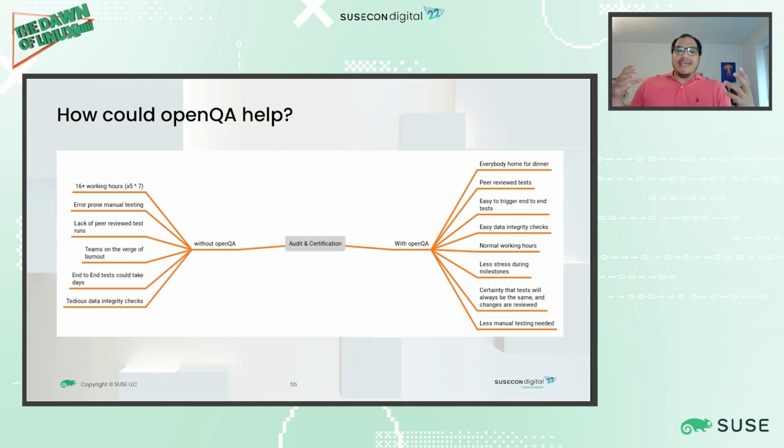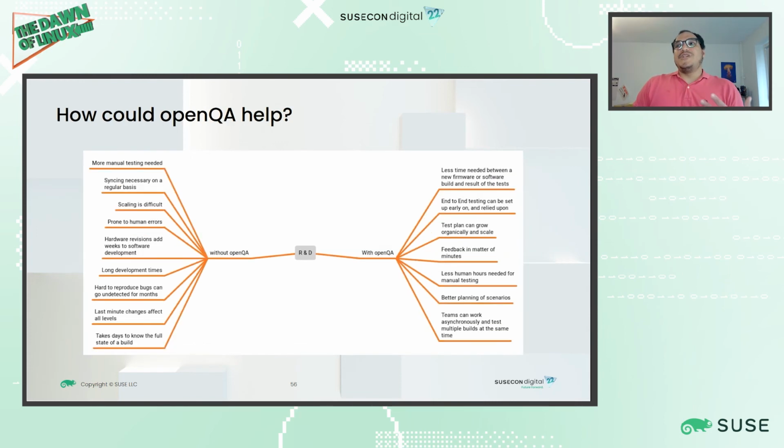Because in reality, if you think about it as a puppet, as long as the tests are being peer reviewed when you are creating them, you will not have the risk of having OpenQA making a mistake, forgetting to disconnect a USB drive, forgetting to disconnect the network cable after the transmission has finished.